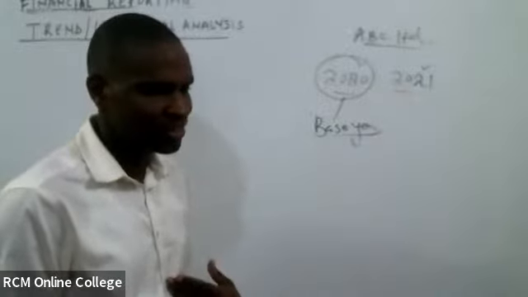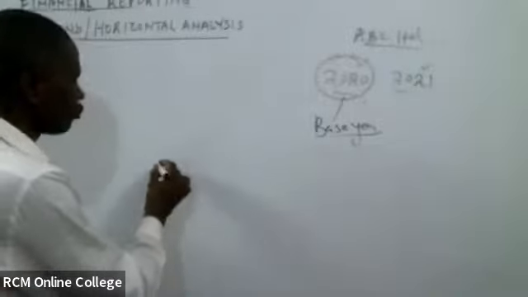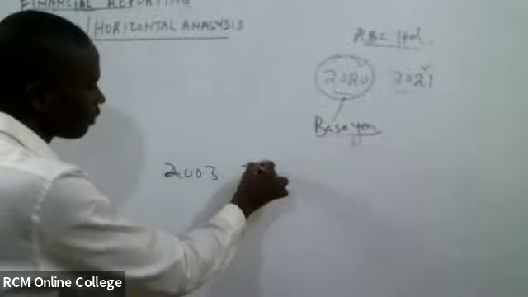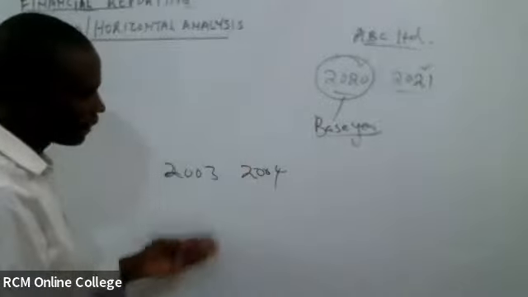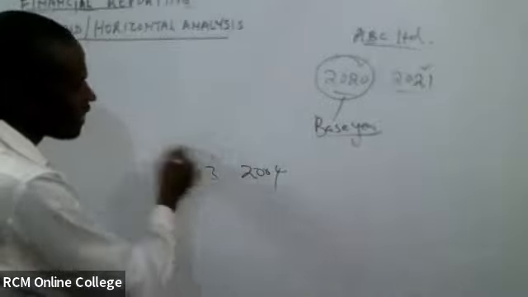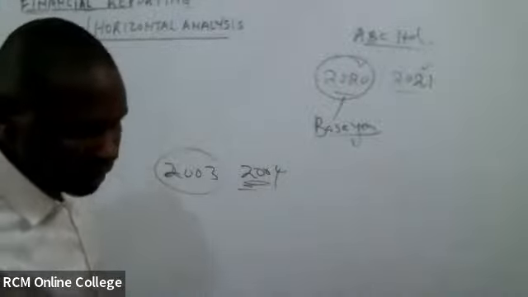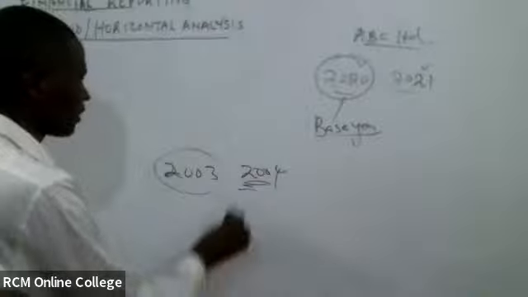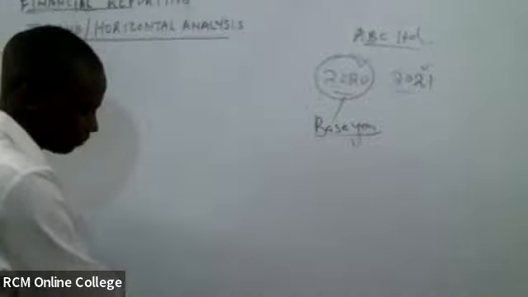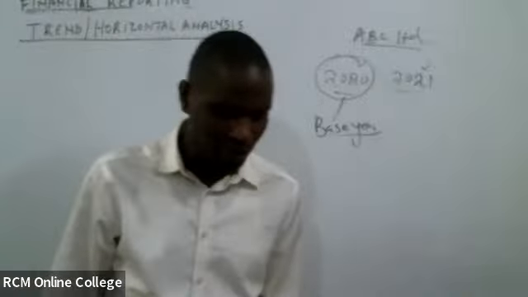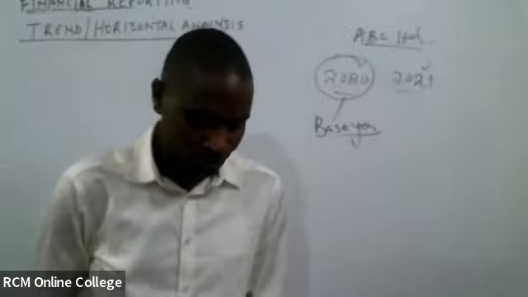If you are given 2003 and another 2004, the base year is 2003, the previous year. The current is 2004.